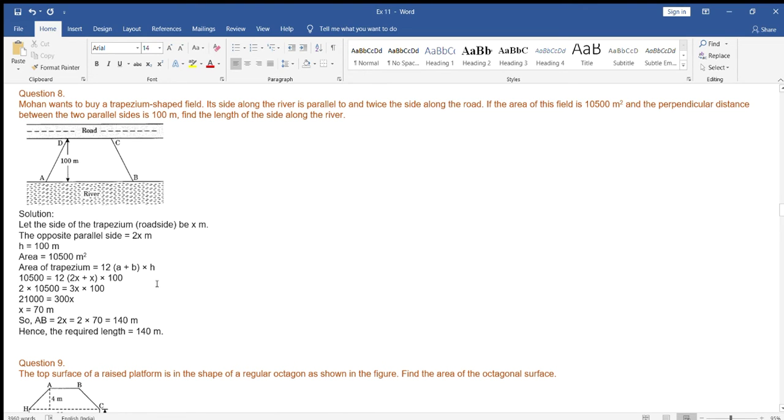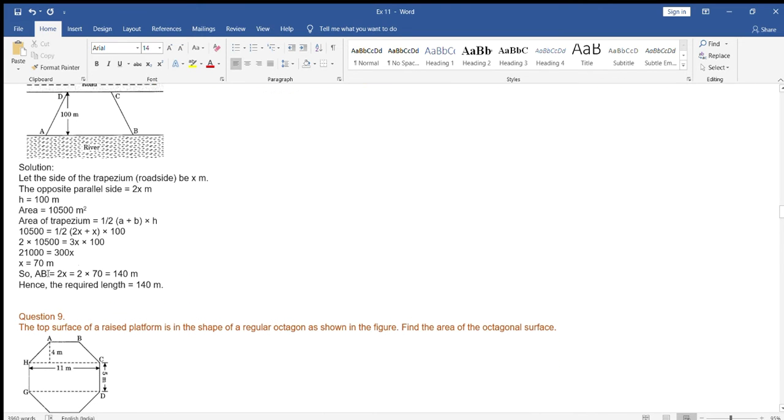We will use the area of the trapezium. The area is given to us, this one, 10,500, but we also know the formula, half the sum of parallel sides into height. So the area of the trapezium equals half into the sum of parallel sides, meaning 2x plus x, multiplied by 100, that is the perpendicular height.